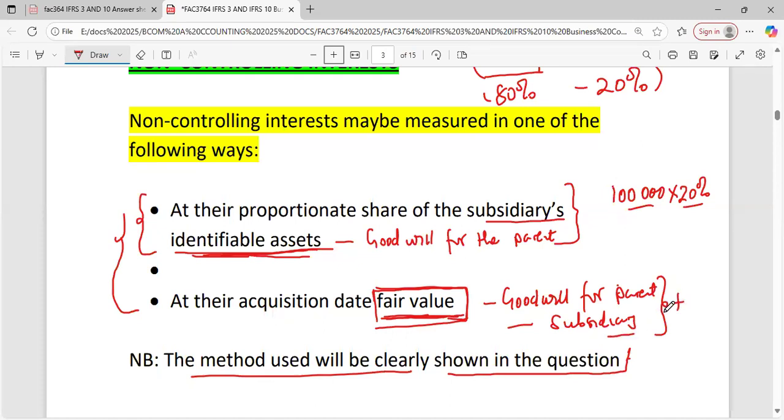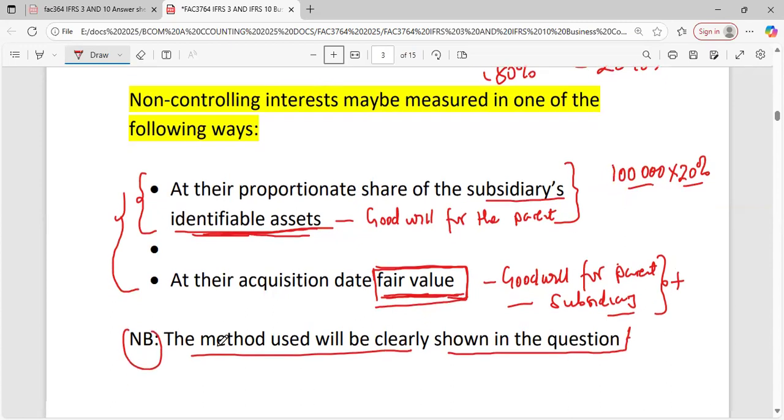Then you add them together. Then when you go to do your consolidated statement of financial position, you take that goodwill to the consolidated statement of financial position. So that's basically the two. But the question will always tell you which method is used.